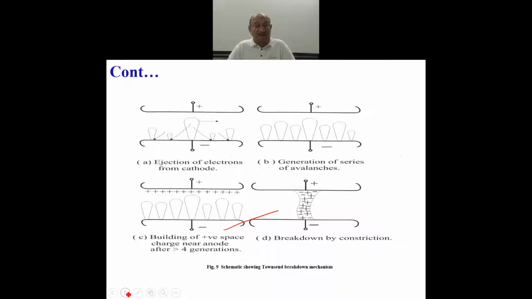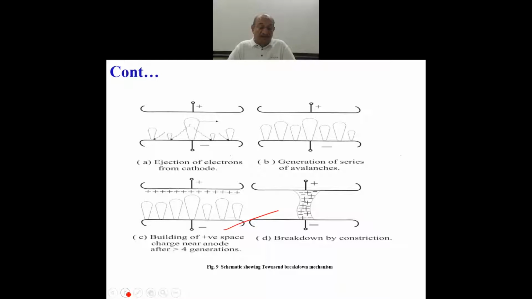Within the avalanche, the alpha process multiplies the charged particles, or results in exponential growth of charged particles within the avalanche by the alpha process, and newer avalanches are produced by the gamma process. As you see in figure B, generation of a series of avalanches on the cathode takes place. That is how he described it.